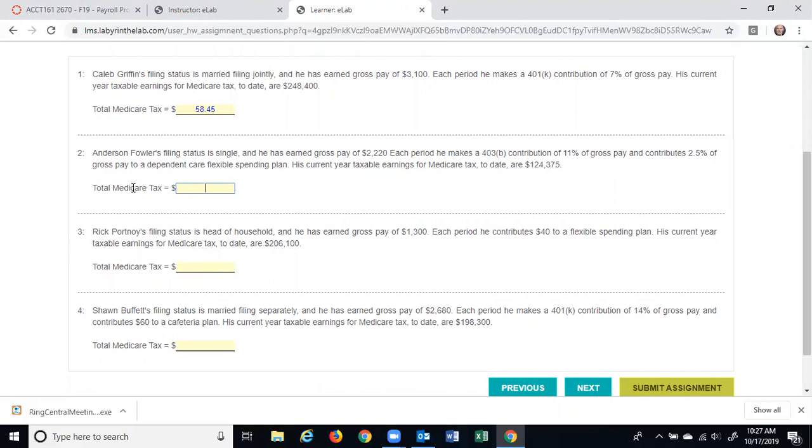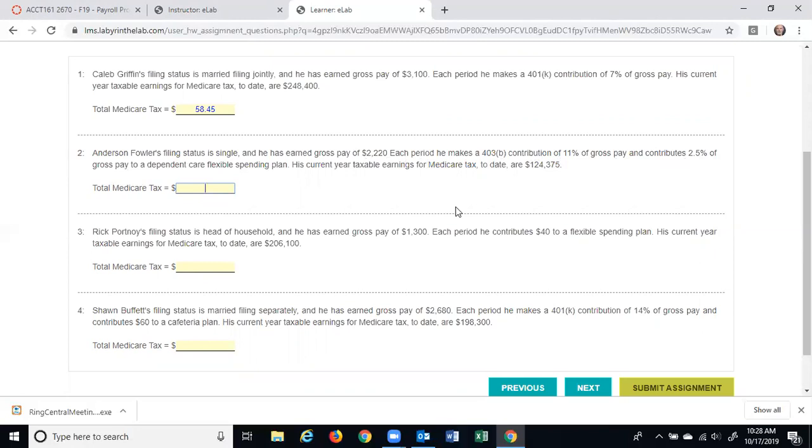Number 2, again, let's see, he has earned income. Each period makes $2,220. That is taxable for Social Security and Medicare. And contributes 2.5% of gross pay to a Dependent Care Flexible Spending Plan. Okay, so he contributes 2.5%.